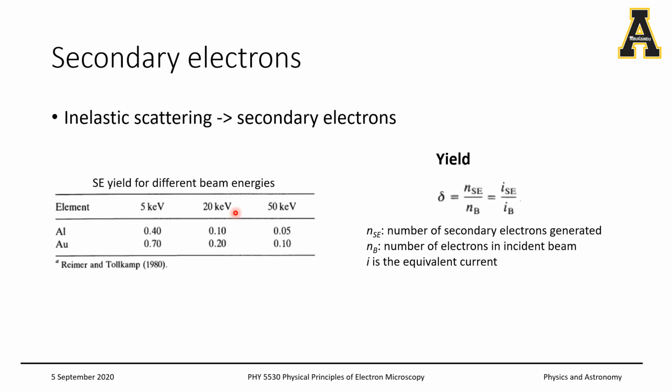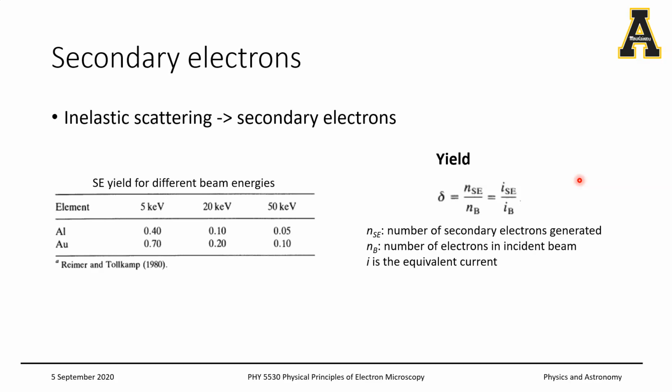And just like the backscattered electrons, you can characterize the yield of the secondary electrons, where delta is the yield, N_SE is the number of secondary electrons generated, and N_B is the number of electrons from the incident beam, right? And we deal with current, so you can convert this number of electrons to the equivalent current, and that is the yield of the secondary electrons.